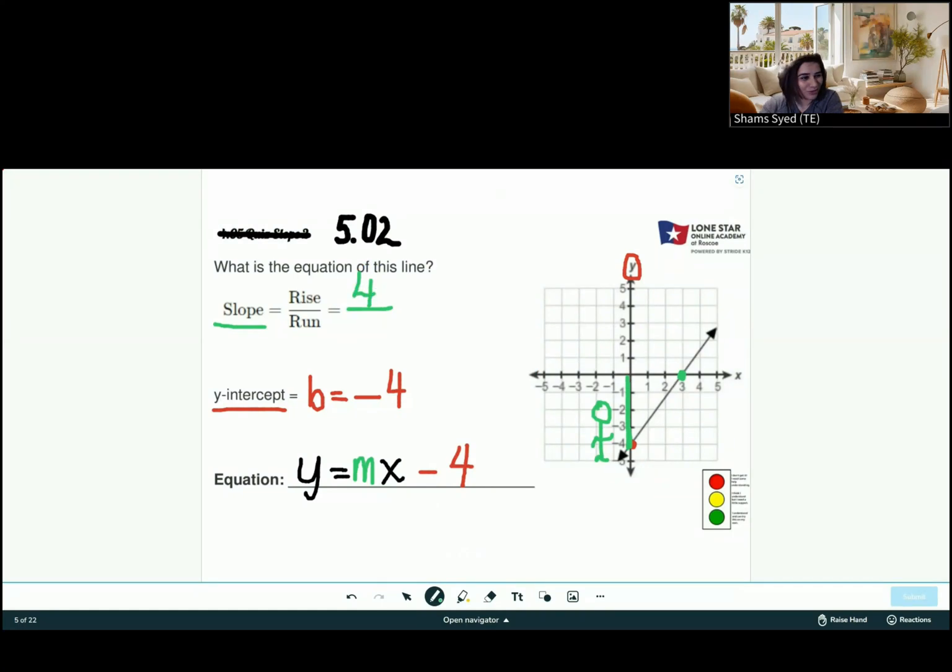Rising was 4. Right. How much is the running? Running is 3. Kayla is right. Felice is right. So 4/3. You gotta go erase the m. Put your slope 4/3. And that completes your equation. Y equals 4/3 x minus 4.